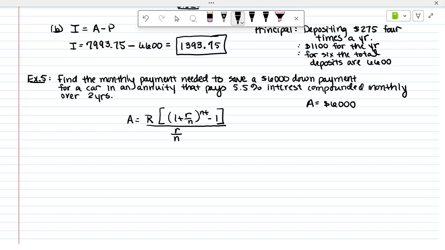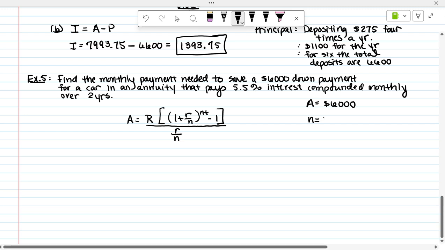So that means N is what? 12. What's R? Lowercase r, not baby r. Sorry. T is 2, right? Because it's 2 years.